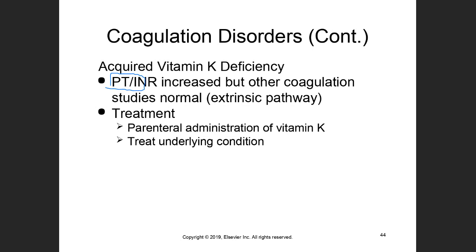Because out of all the clotting factors produced with vitamin K, factor 7 is the one with the short lifespan, the one that is going to be inhibited first. That's why you only measure PT. Treatment: parenteral administration of vitamin K, and treat the underlying conditions.